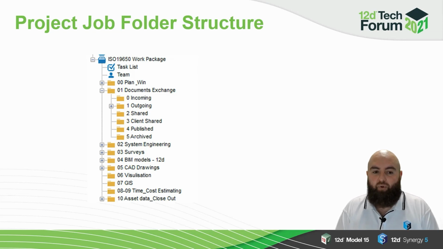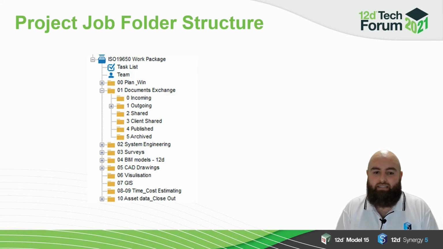Now, one of the most important steps is your job folder structures. You need to develop one that works best for you and your processes, something that is common and repeatable, because people are most efficient when they are familiar with the environment they're working in. But it also has to meet the standards which are being set, the ones that you need to follow.